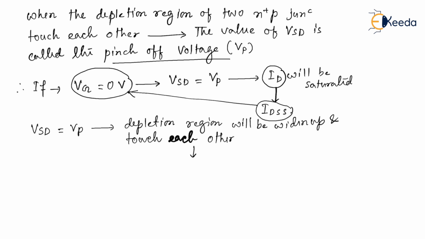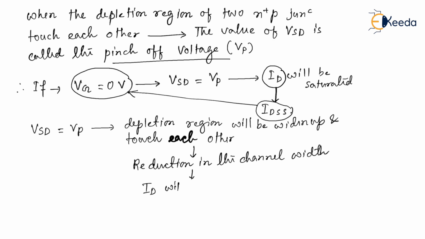So, there will be reduction in the channel width and ID current will be saturated to some value. So, this is the scenario that will happen when we apply the VSD equal to the pinch off voltage.